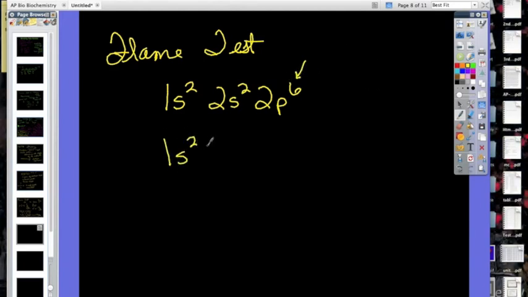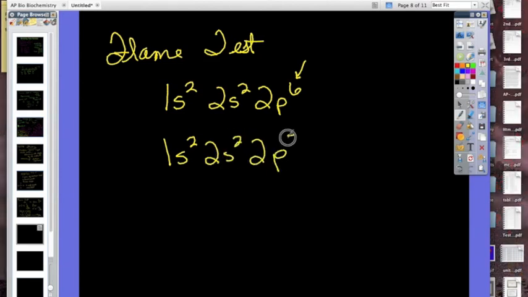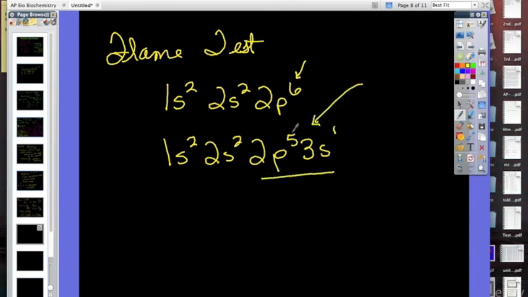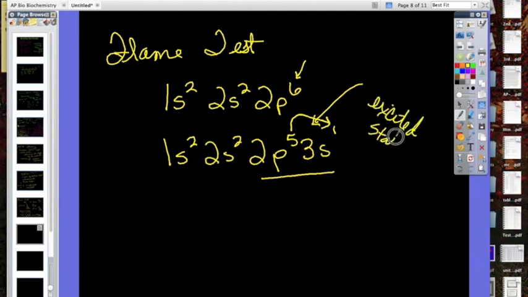So a possible configuration for this now could be that. If you ever see an electron configuration where it is not filled, there's been an electron that's jumped up to another level and then it didn't fill this level up, that means it's in the excited state. And when it comes back down, it's going to give off light.